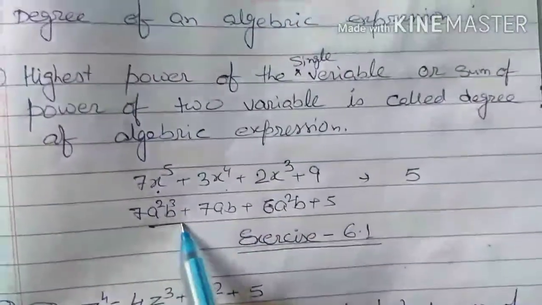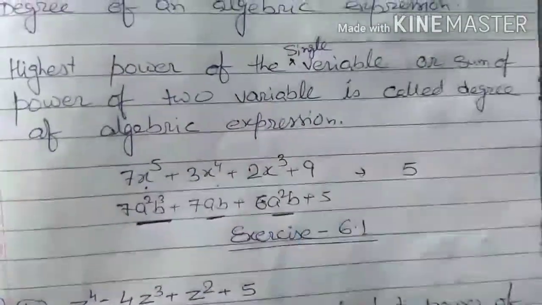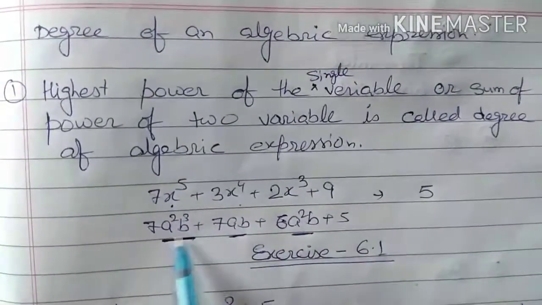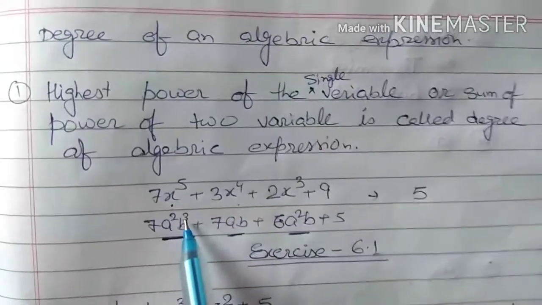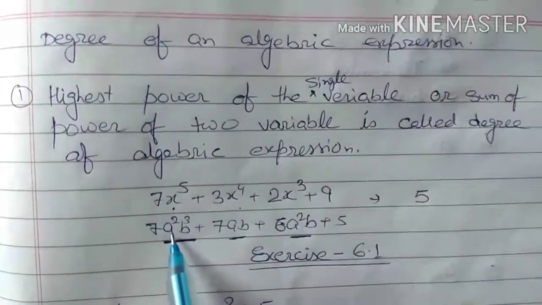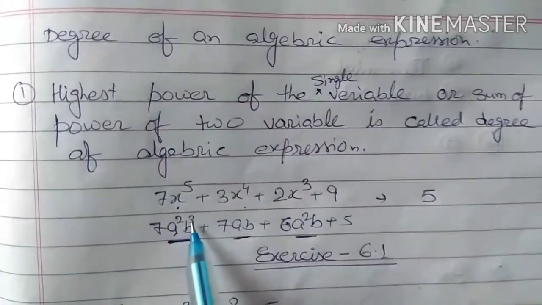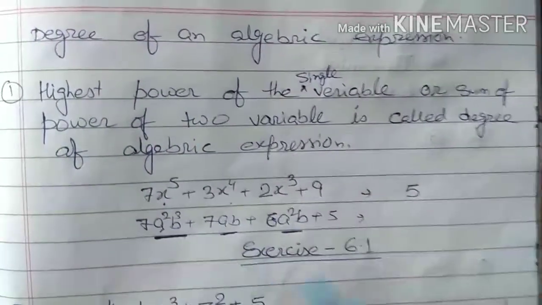Look here, there are two variables. So we have to add the powers of these variables, which becomes the degree of the algebraic expression. The power of these two variables is 2 plus 3 is 5. So the degree of this algebraic expression is also 5.